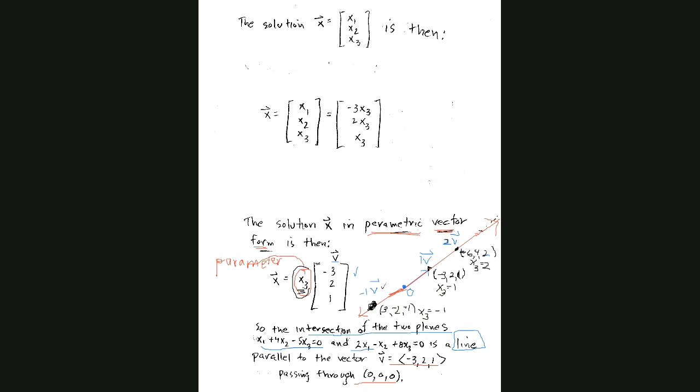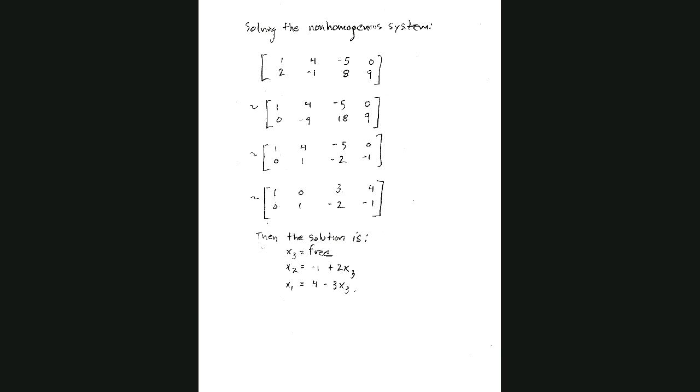All right, well now we have another part. We know what the solution to the homogeneous system looks like. Now we want to get the solution to the non-homogeneous system, so let's go ahead and work that out. The row operations are the same as what you did with the homogeneous system.